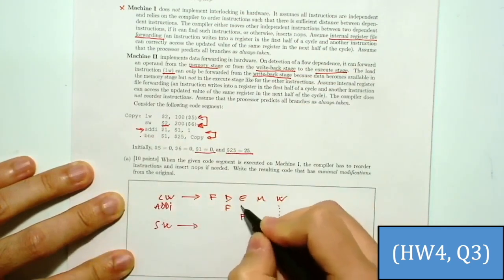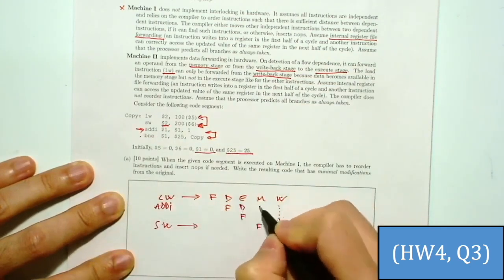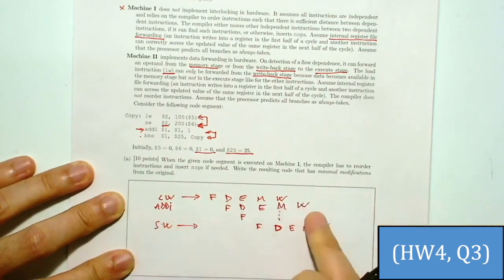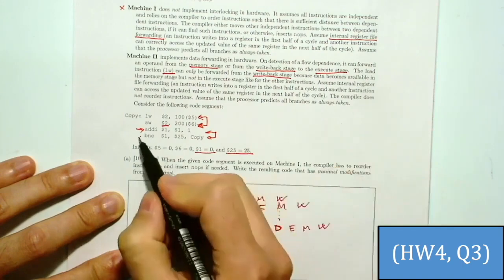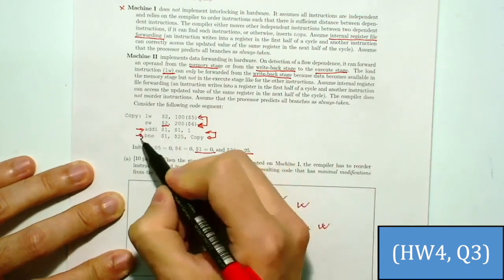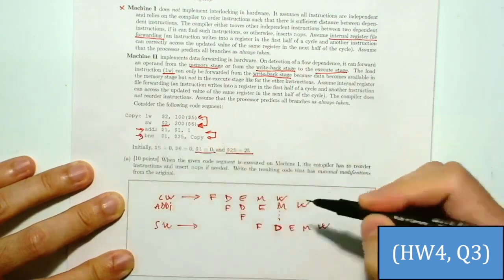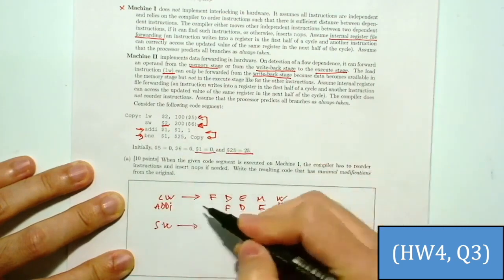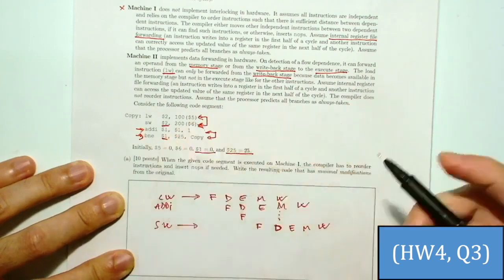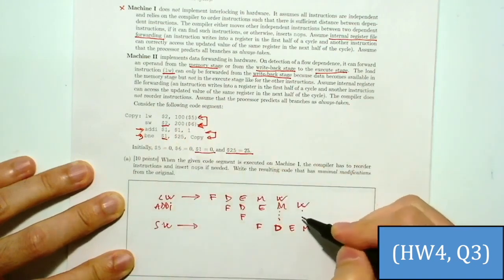So we can put this add here. And then we cannot put the branch, so the branch is dependent on the add. To read the content of register 1, we have to wait for this write back, right?